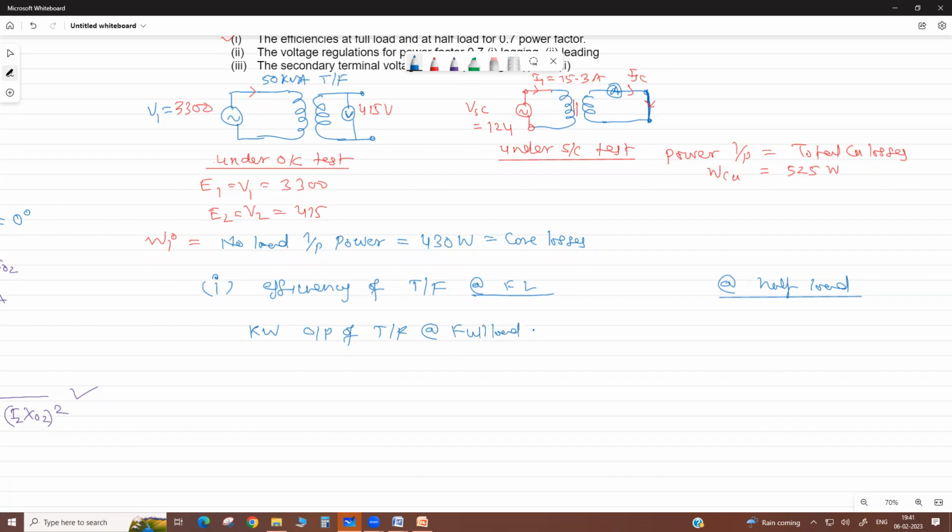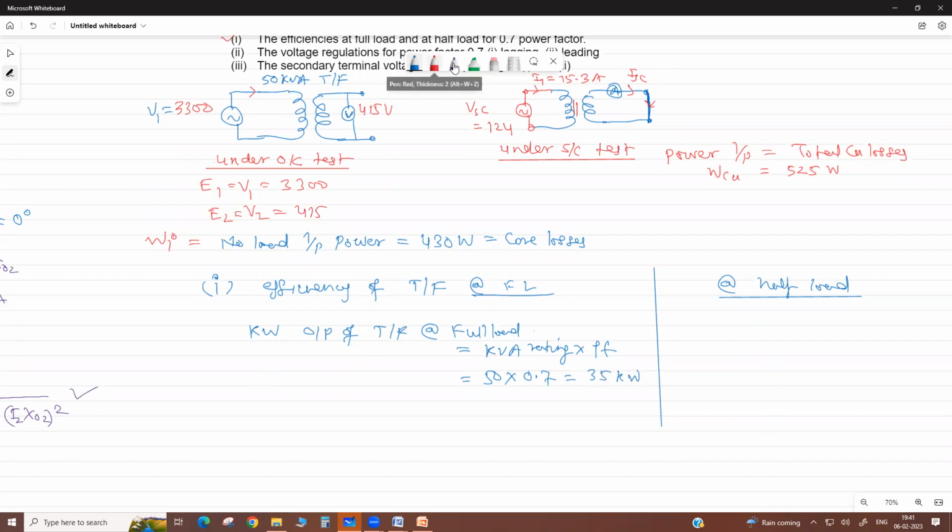That is your full load capacity, the kVA rating into power factor. Any doubt? So it is 50 kVA into power factor 0.7. What is the kilowatt output of the transformer at full load? Very easy, my dear. It is 35 kilowatt. This is the output.